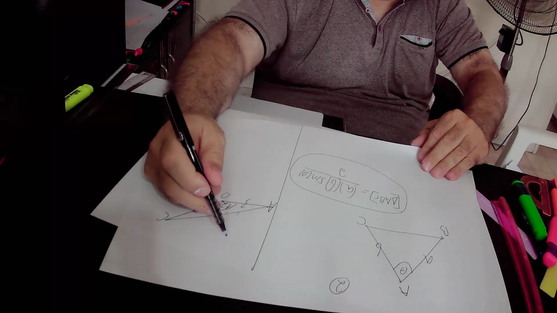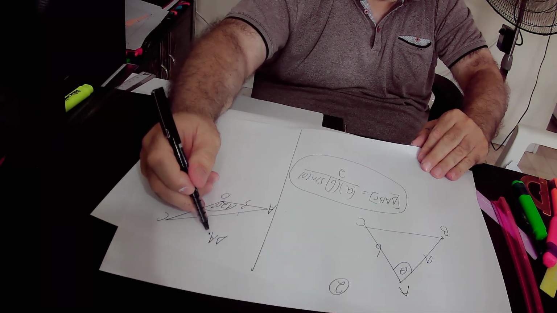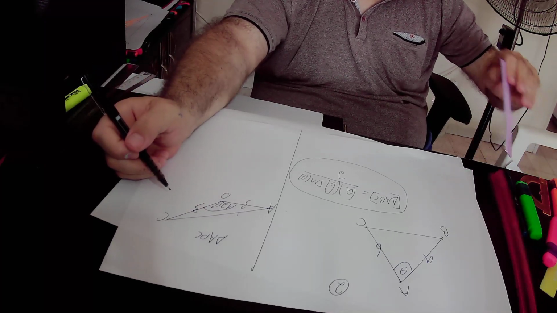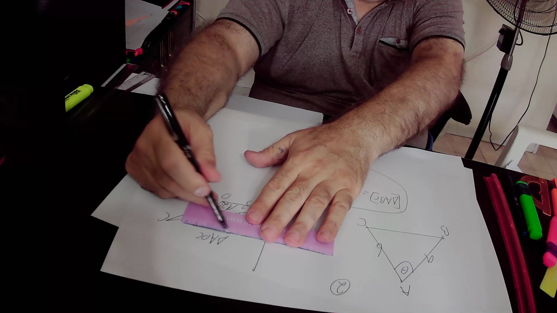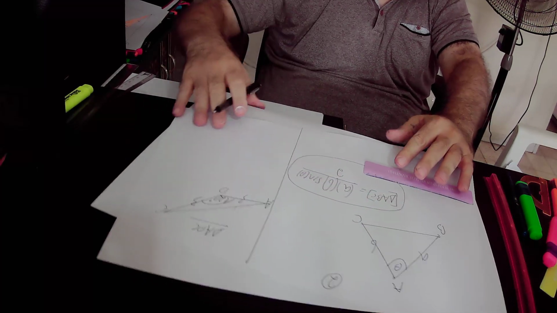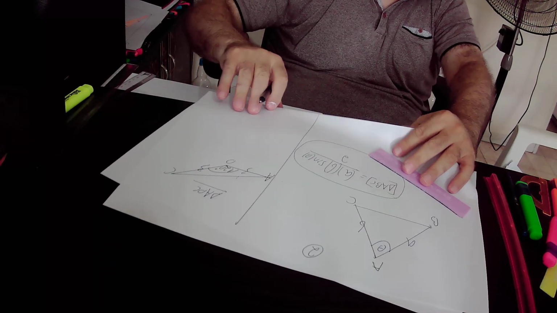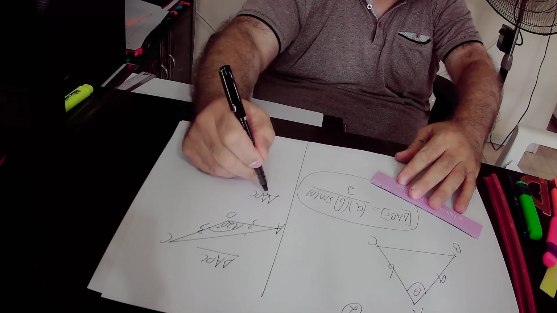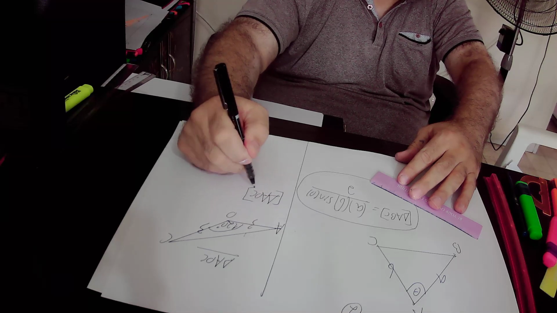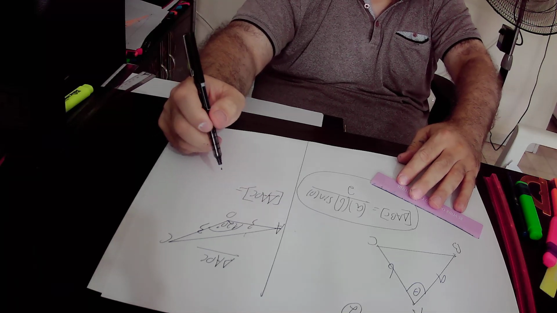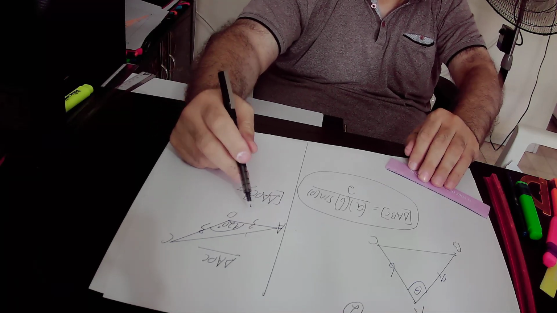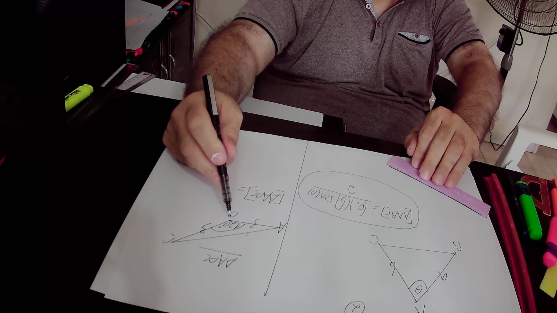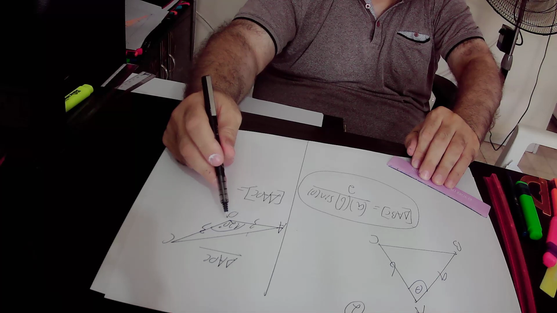So this is triangle AOC that I copied from the original drawing. According to the new formula, the area of this triangle, triangle AOC, will be equal to AO times OC times sine 120 degrees over 2.